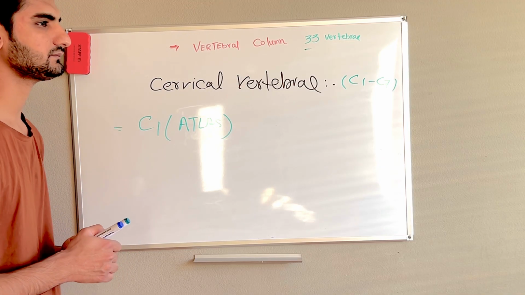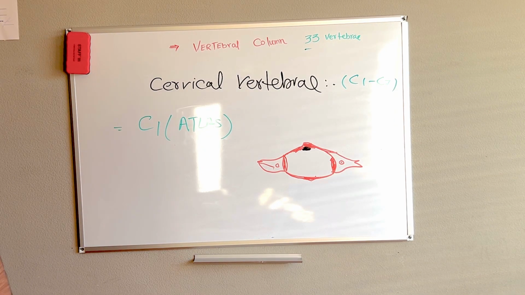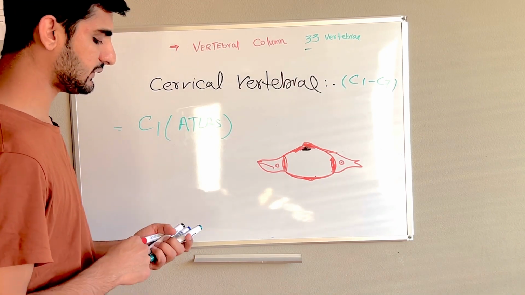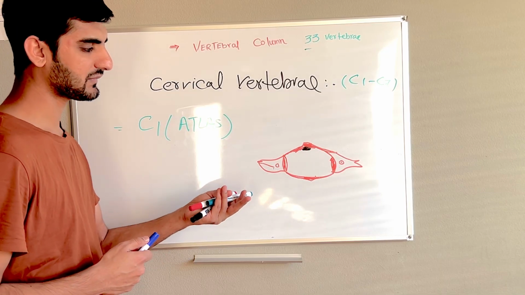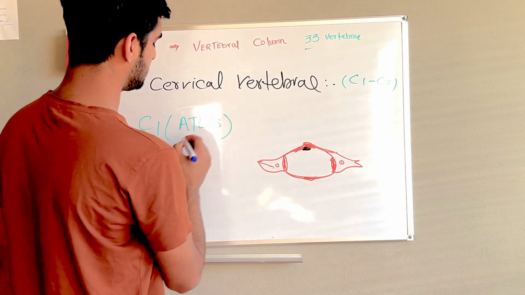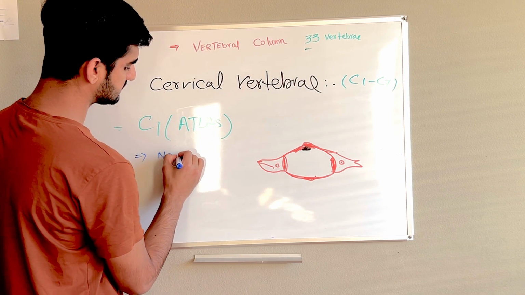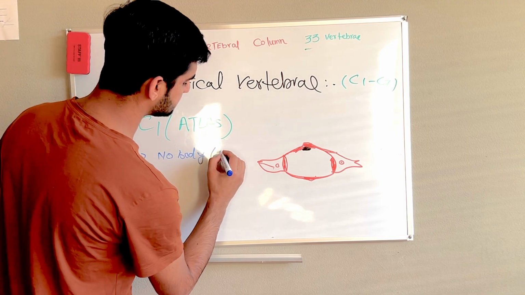Now we are going to discuss the C1 Atlas vertebra. The first thing is that Atlas has no body, no corpus.